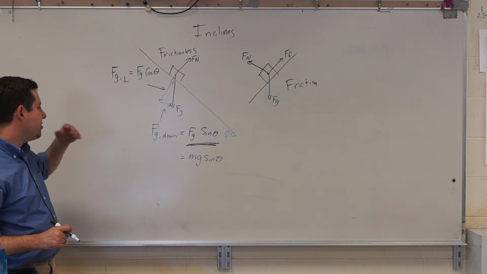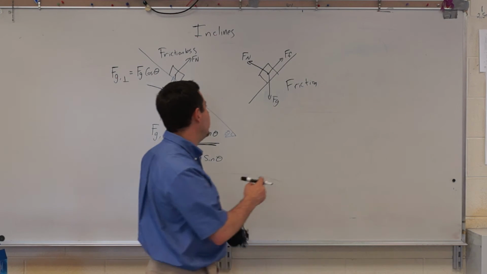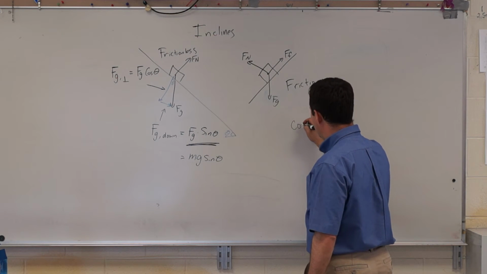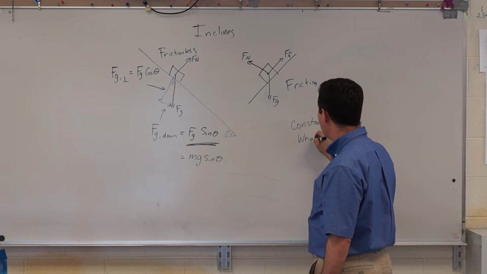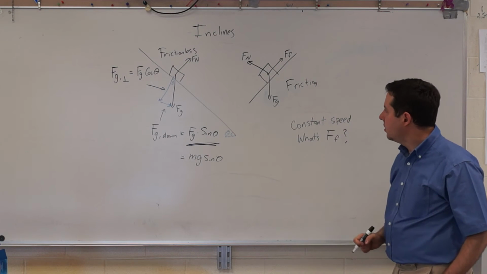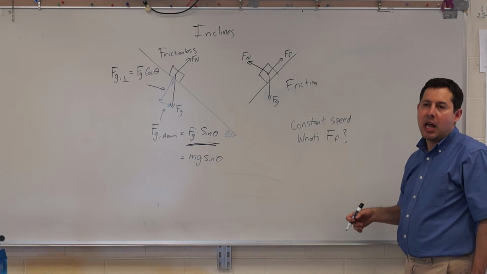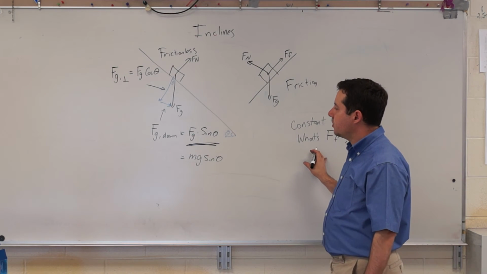So let's say that you're sliding down and you're moving at a constant speed, which would be like this, right? And you might ask yourself, what's the force of friction? Well, if it's the same block, we know what the force of friction is because it's got to balance, right?